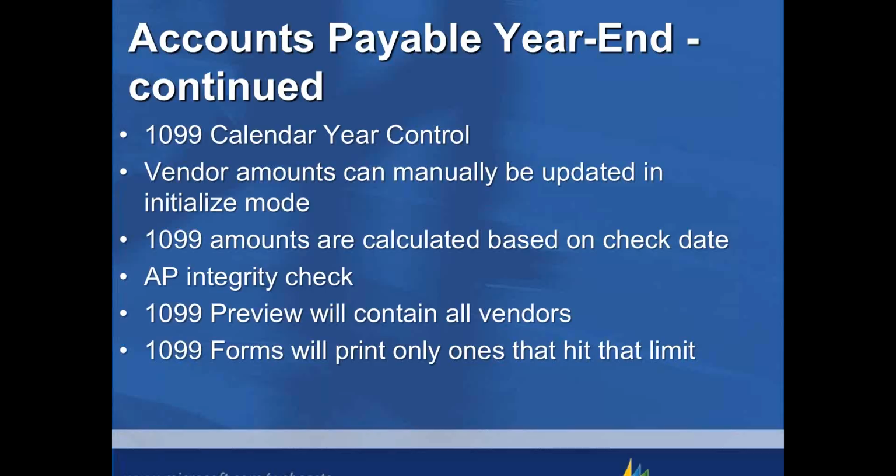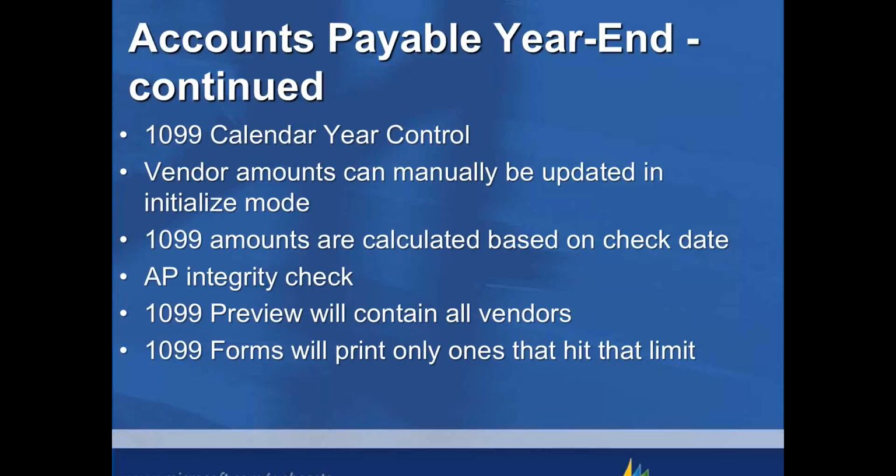But in the security section, either by user or by group, a user needs to be granted initialize mode in order to adjust the 1099 amounts. Oftentimes that's done on a temporary basis, just during the period of time that you're working on your 1099s. The amounts are calculated based on the check date.